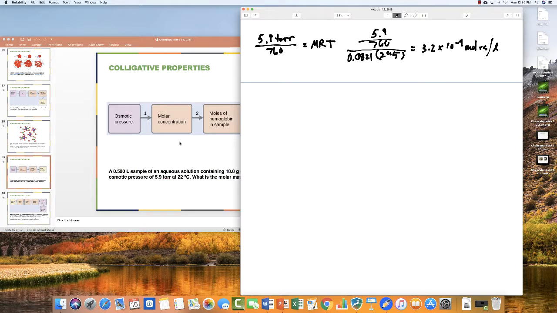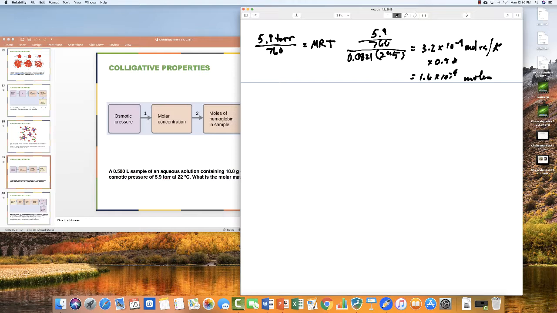Now the next step is to find the moles. Well, we have 1/2 liter, so we just multiply this by 0.5 and it gives us the number of moles. So that's going to equal 1.6 times 10 to the minus 4 moles. All I did was multiply that by 0.5 liters, so the liters cancel out.